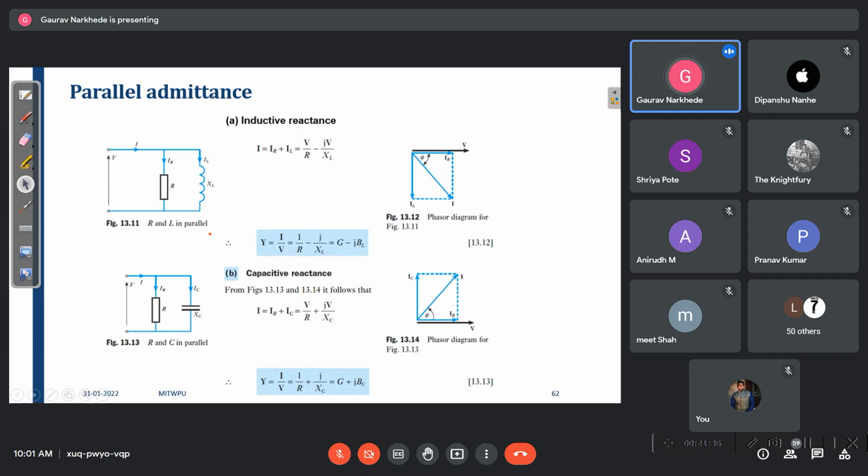What will be the admittance of this circuit? 1 by Z, right? And what is 1 by Z? Root of 1 by R square plus 1 by XL square.